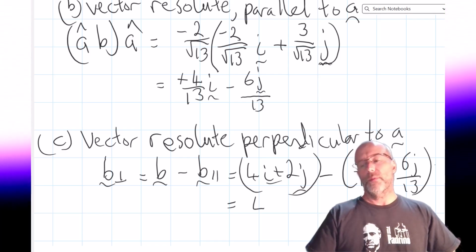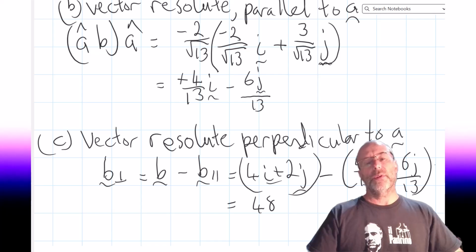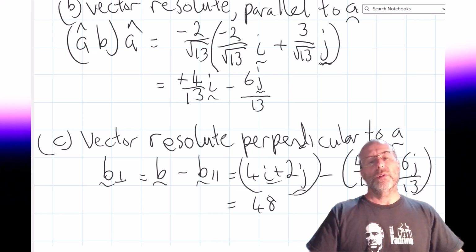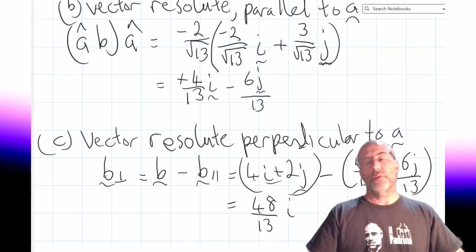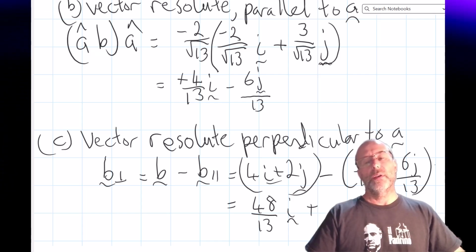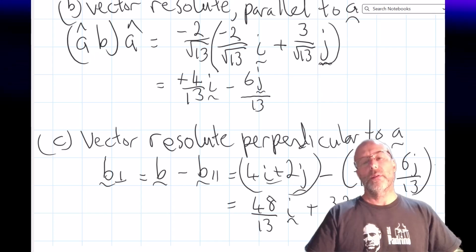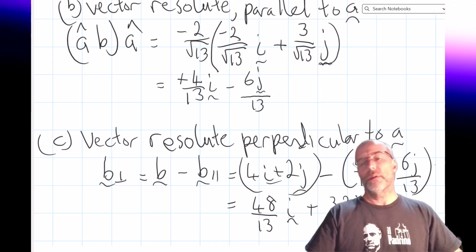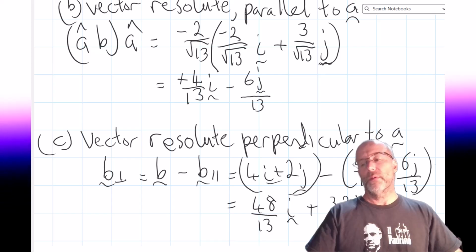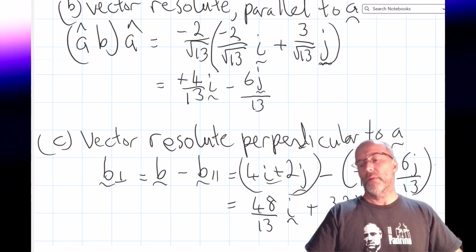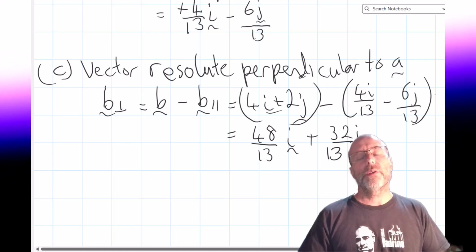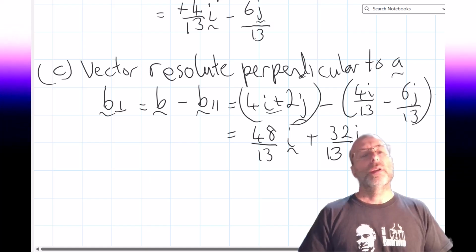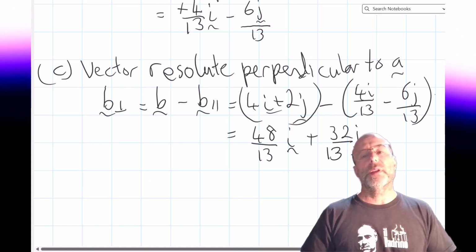We go ahead and subtract that, and we've got to find the lowest common multiple because we're dealing with fractions there. And there we go. So 48 on 13 i plus 32 on 13 j, and that's our vector resolute perpendicular to vector A.